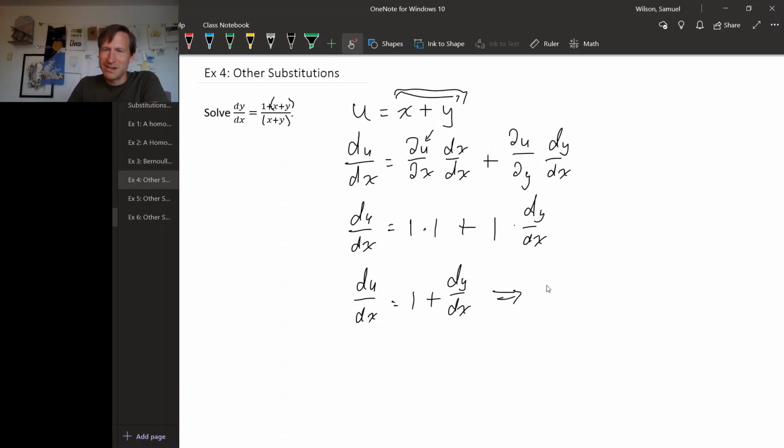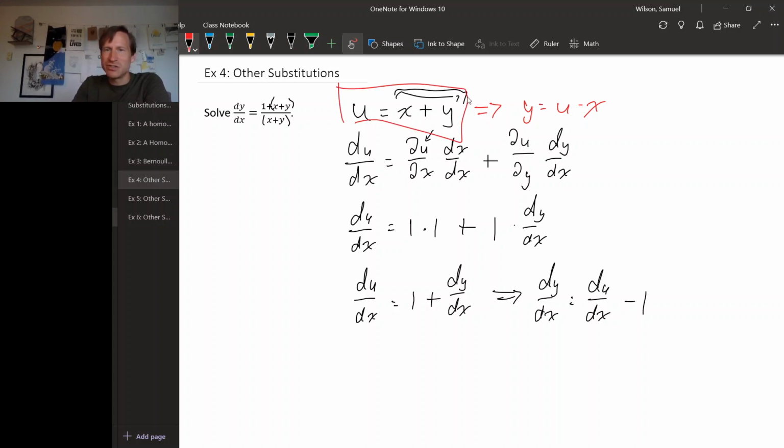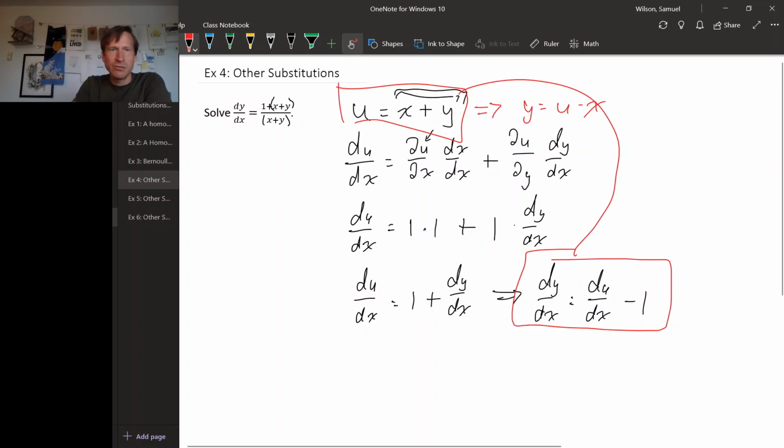And that means that dy/dx is du/dx minus 1. Okay, so now we have our substitution formulas. We could rearrange to y equals u minus x if we need to, but we actually won't need that. So we can use these to rewrite our differential equation.